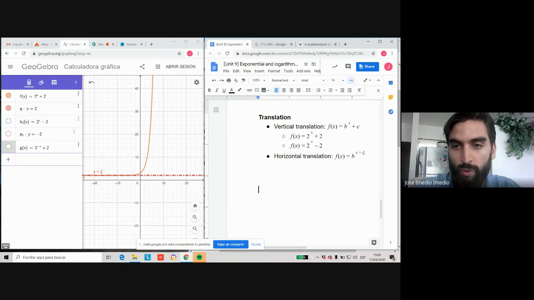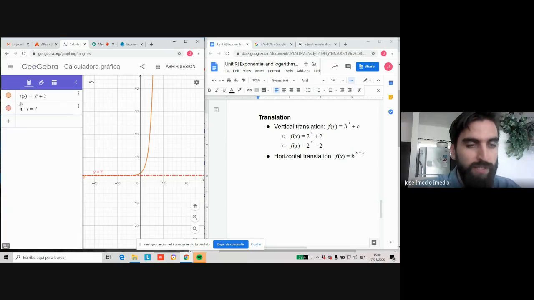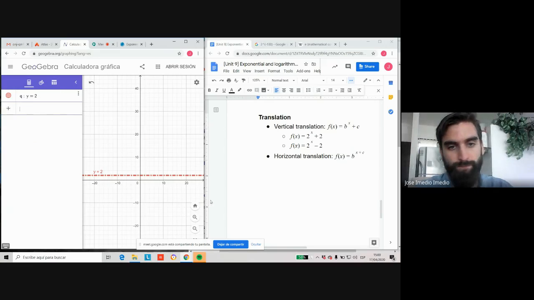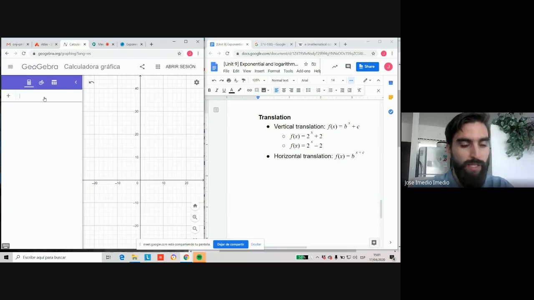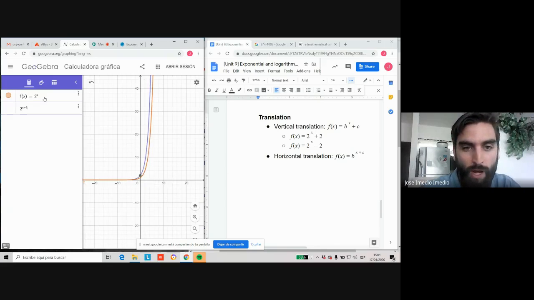So up here, let me erase all of this. I'm going to do it again. I have 2 raised to the power of x. And if I have 2 raised to the power of x plus 1, plus 5, let's make it more evident.